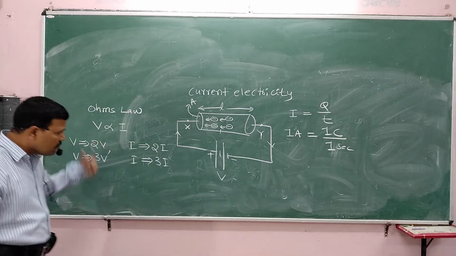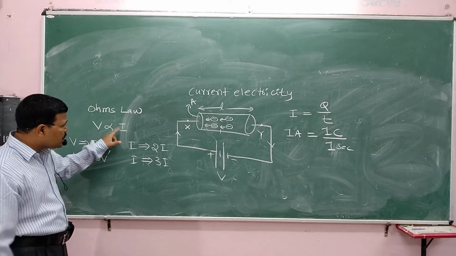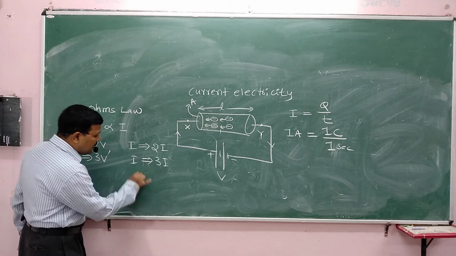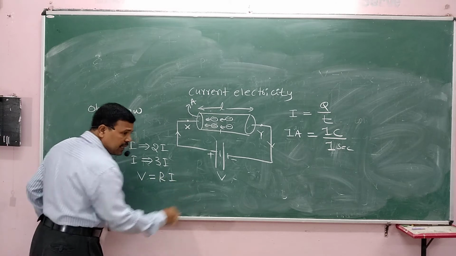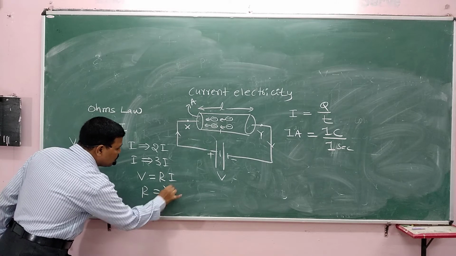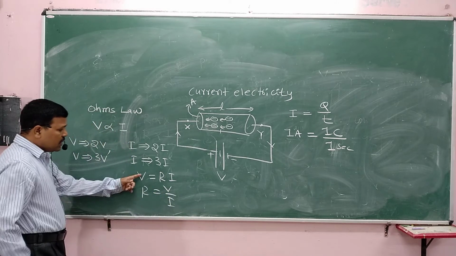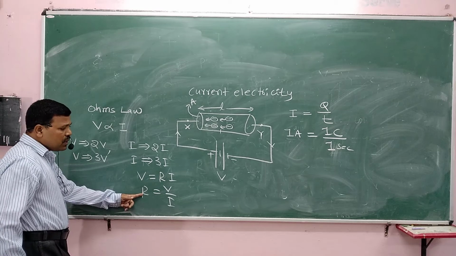Fine. So, according to Ohm's law, V is proportional to I, then V is equal to some proportionality constant into I, then R is equal to V by I. This is another form of Ohm's law.